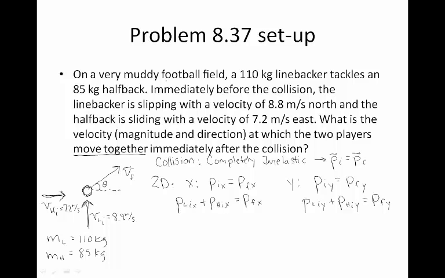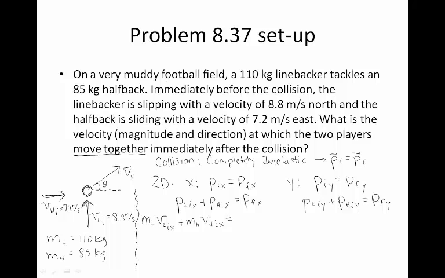Okay, now we get to fill in our definition for momentum. We have the mass of the linebacker, which isn't going to change, so we don't have any more subscripts on the mass. And then we've got the linebacker's initial velocity in the x direction. And then we've got the mass of the halfback, the halfback's initial velocity in the x direction.